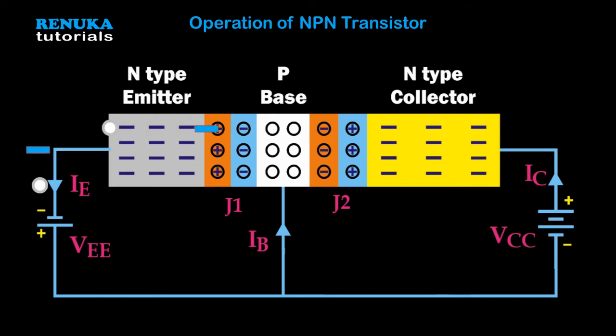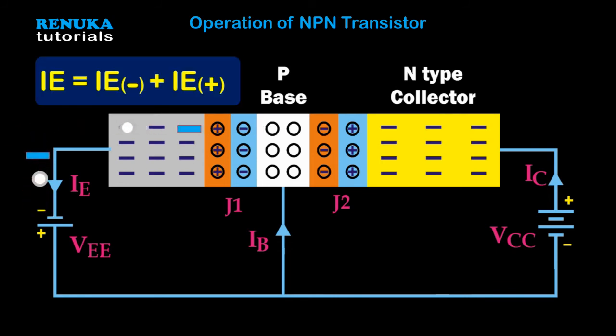At the same time, a few holes from the base will go to the emitter, because when an electron moves to some place, there will be creation of a hole. So holes from the base are also moving from right to left, that is from base to the emitter.